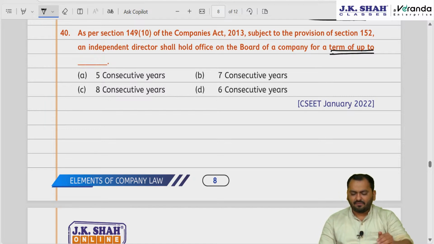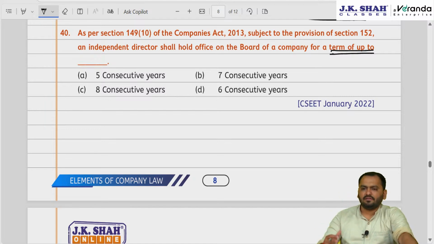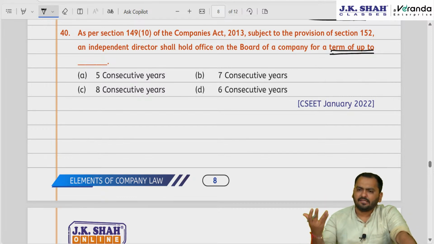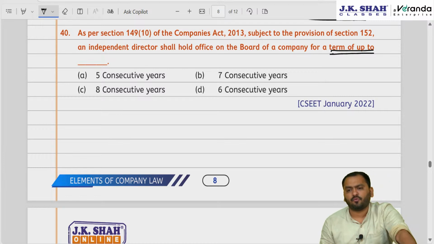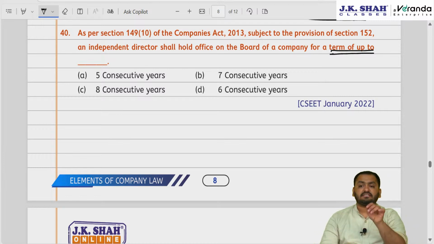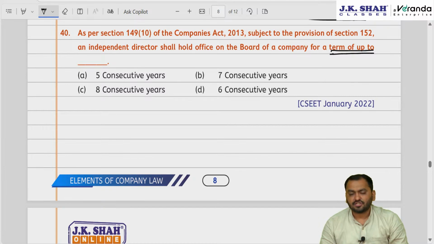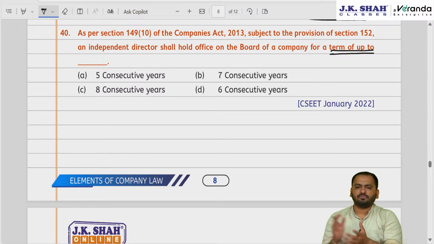And this type of independent director, yes, if they are appointed in certain companies only, there is applicability criteria for independent directors appointment also. Like for listed company, it is compulsory to have, out of the total number of directors, at least 1/3 shall be independent director. It is compulsory for public listed companies. What about other companies?